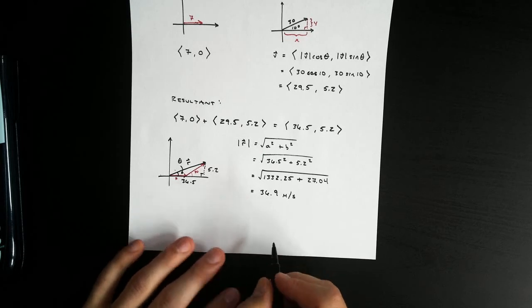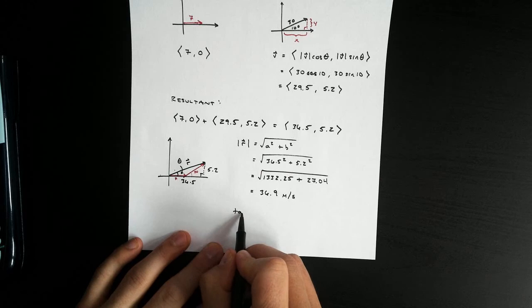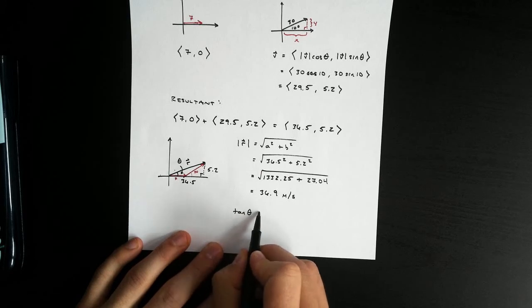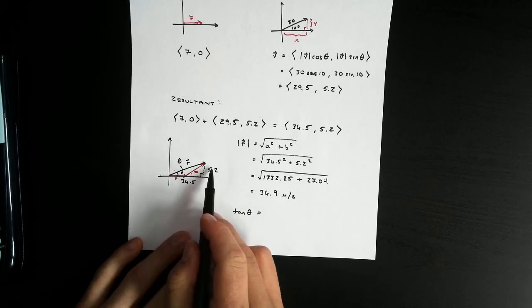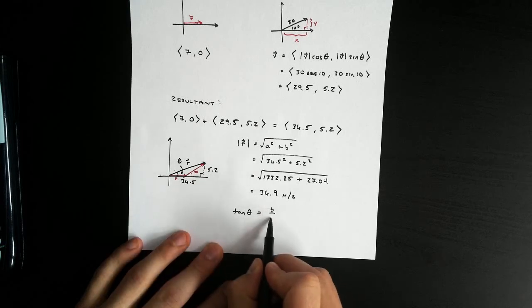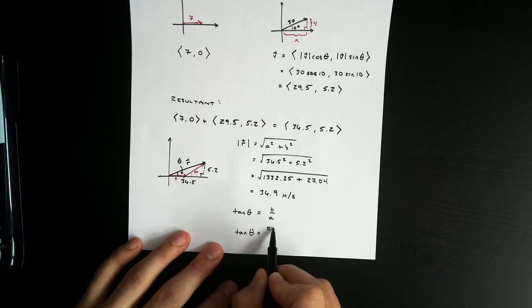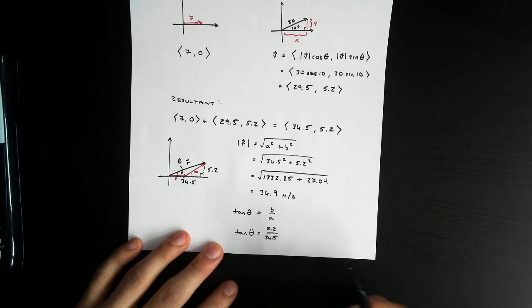All right, then the other thing was we need the direction. So to do that, we can take a look at the tangent, because we know the opposite side and the adjacent side. So this is b over a. So the tangent of theta is equal to 5.2 over 36.5.